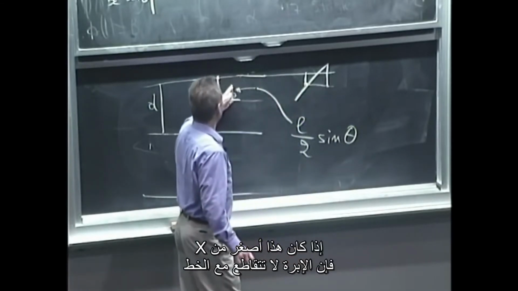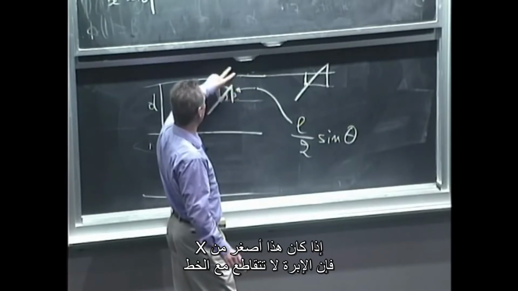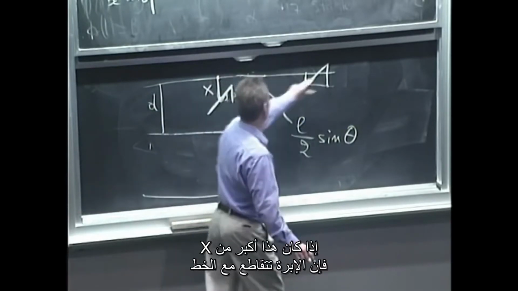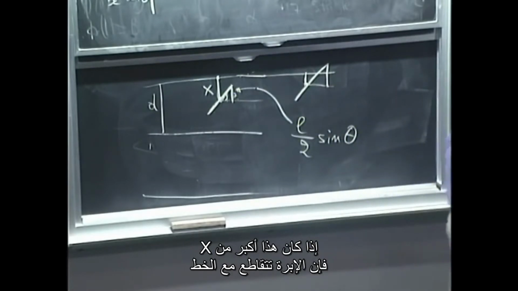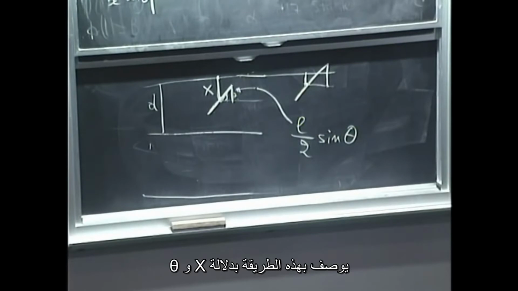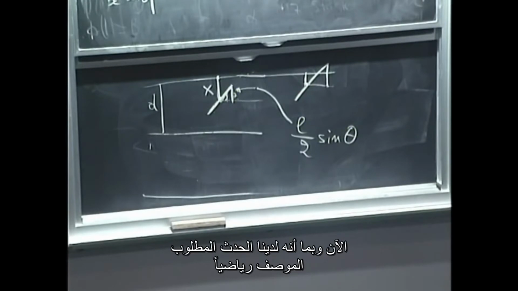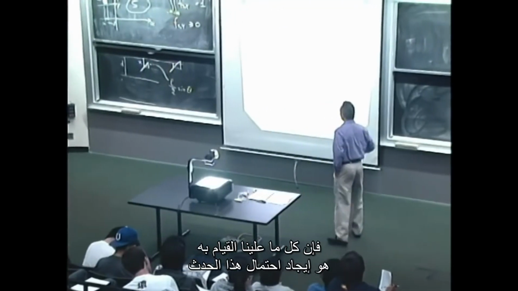If this is smaller than x, the needle does not intersect the line. If this is bigger than x, then the needle intersects the line. So the event of interest that the needle intersects the line is described this way in terms of x and theta.